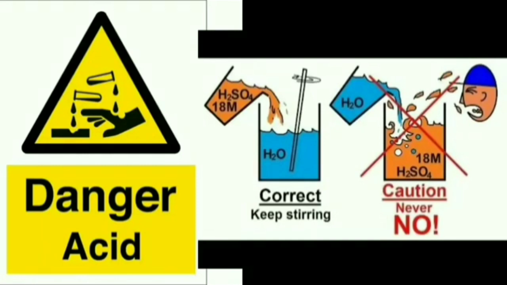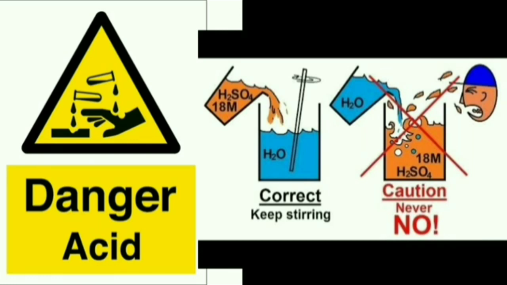Dear students, as I explained before, acids have a corrosive nature. Like the mineral acids cause severe burns on the skin and attack and eat up materials. All the three common mineral acids like sulfuric acid, hydrochloric acid and nitric acid are very corrosive in their concentrated form. We should be very careful while using these acids in the laboratory.